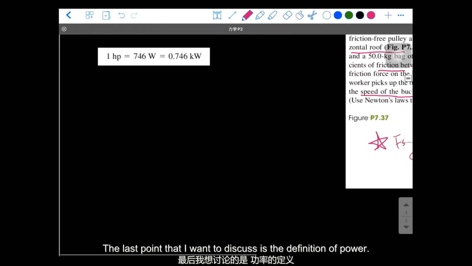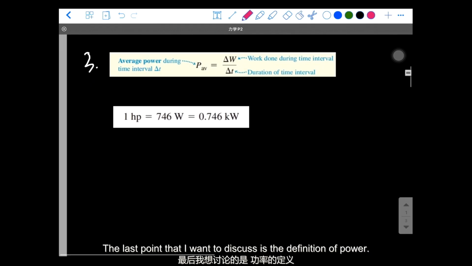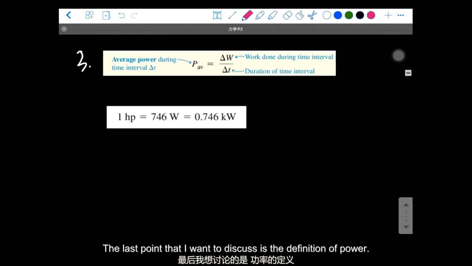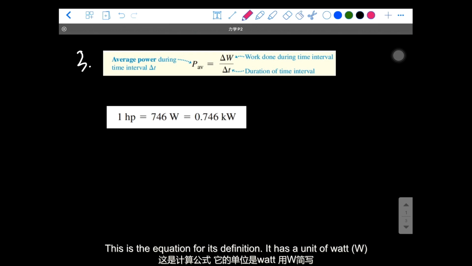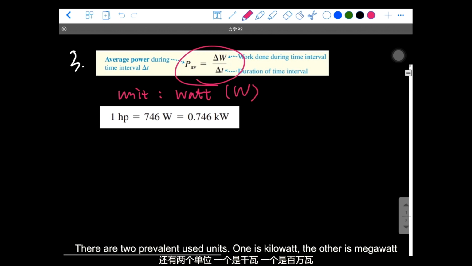And the last point that I want to discuss is the definition of power. And this is the equation for its definition, and it has a unit of watts. We use capital W to write its unit, and there are two prevalent units that we use.